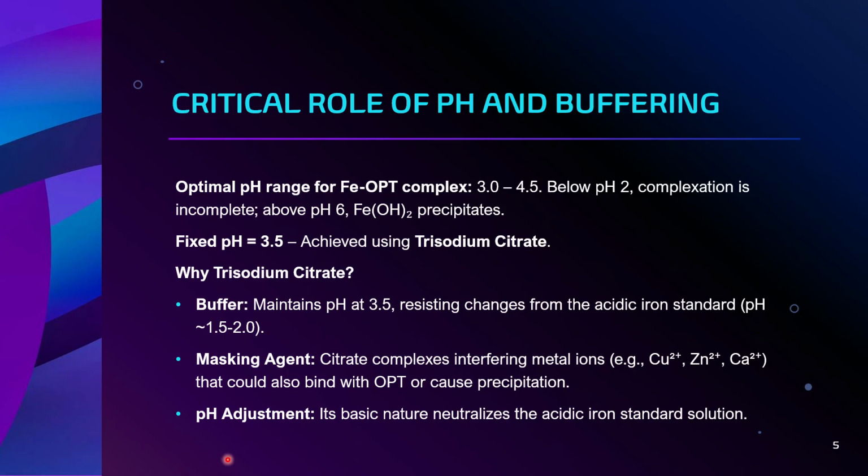And pH adjustment is very important, because if our pH is not 3.5, let's say it is 2, then complexation is incomplete, because some of the iron would be found in the 3 plus state, and if the pH goes beyond 6, then precipitation occurs in the form of ferrous hydroxides. So it is very important to adjust your solution pH to 3.5 using trisodium citrate.